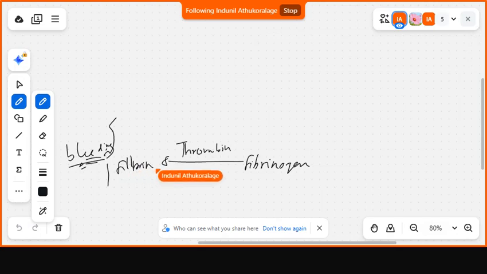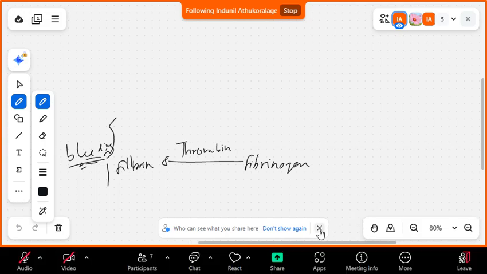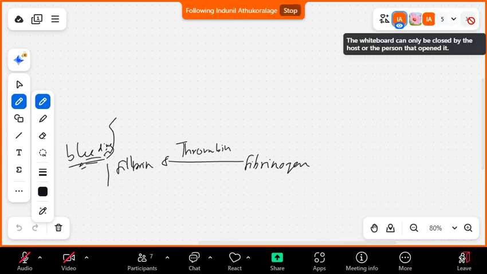As in other processes, when we have something in our body, there is always a regulatory mechanism to stop or reduce it. If you remember, when neurotransmitters are released, there is a process to reuptake or destroy them. Likewise, there are mechanisms to regulate or stop coagulation.